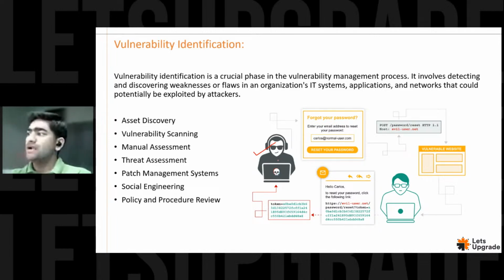Now the attacker has identified that there is a vulnerability on a website. So it has sent a forgot password email to one of the users, for whom the account has been logged out. You can see that it has sent the forgot your password. Now post password reset HTTP evil user.net. Now, this website which we have here is vulnerable.